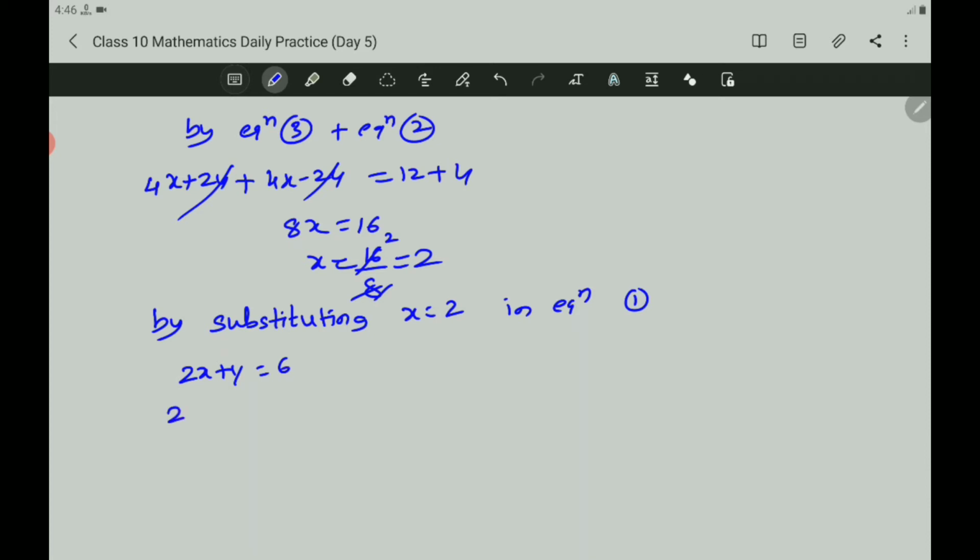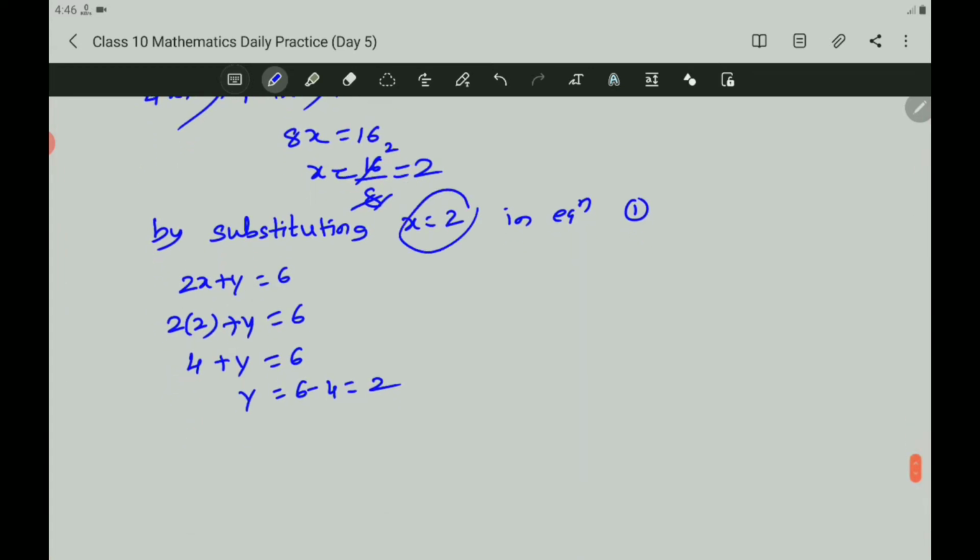That is 2 into 2, the x value is 2, plus y equals 6. So 2 twos are 4. 4 plus y equals 6. Then y equals 6 minus 4 equals 2, you got. So what is the solution here? x equals 2 and y equals 2. So write x equals 2 and y equals 2.